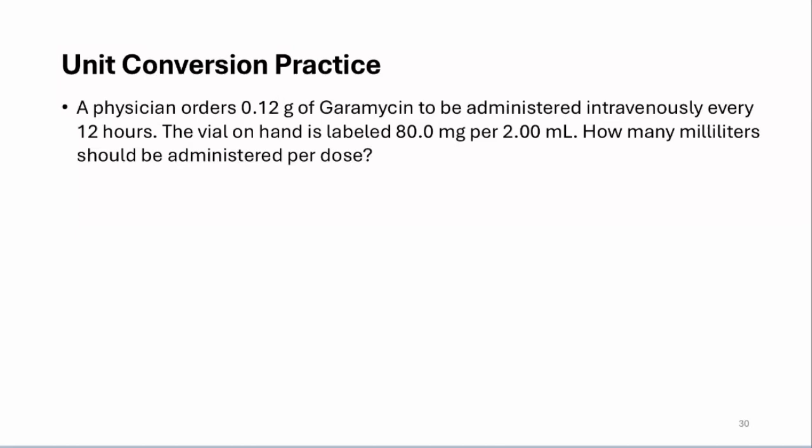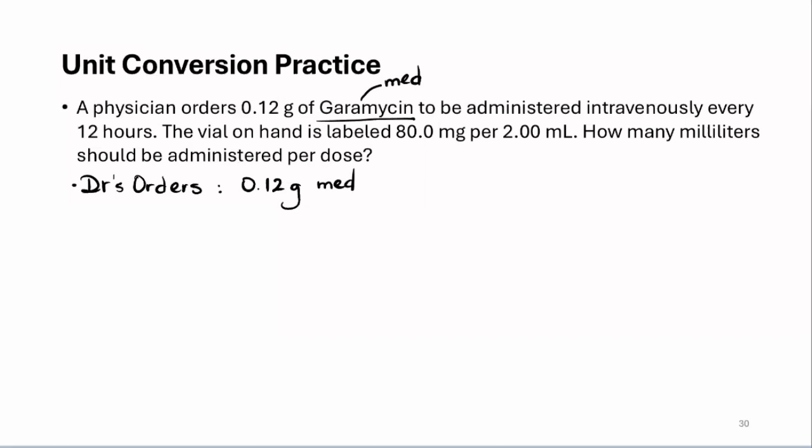So when it comes to this, and similar to what we've done before, let's write the information that we have specifically for the problem. First, we have the doctor's orders, which state that we need to give the patient 0.12 grams of the medication, garamycin, specifically every 12 hours.